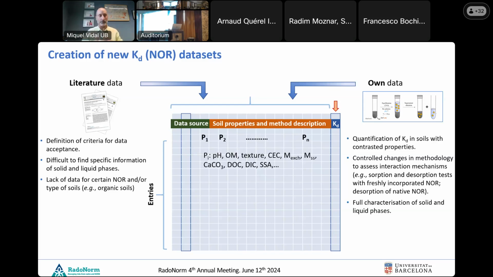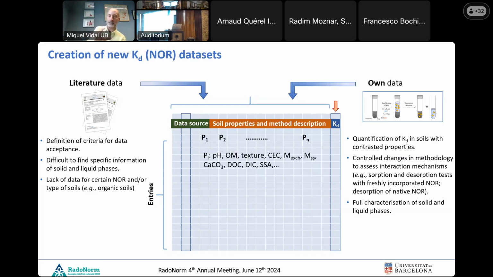And we have seen that sometimes it's difficult to find specific information on characteristics of the soil and liquid phases. And for sure, there is a lack of data for certain radionuclides and for certain types of soils, for instance, organic soils. So we decided to carry out batch experiments to get new KD data on a number of radionuclides, basically uranium, radium, and polonium.